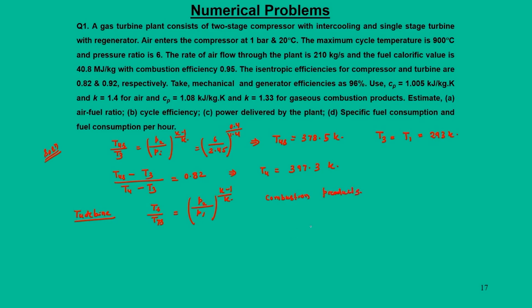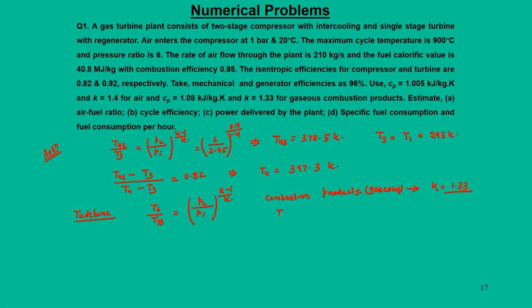Should say gaseous combustion products, and for which the appropriate value of k would be 1.33. So, this is the basic difference when you use this value in the expressions.